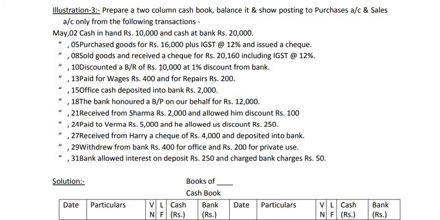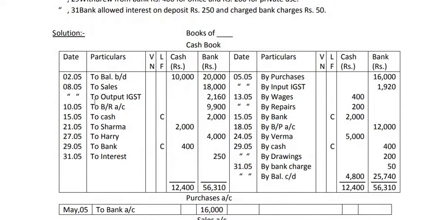So we have to debit this in the cash book by writing to bills receivable. And remember, this 1% is not discount allowed. So this will not come in the cash book. It is a discount on bills discounted. So 1% will not come, only 9,900 will come to the debit side. See, to bills receivable account 9,900 in the bank column because the money is coming into the bank, not coming in the cash.